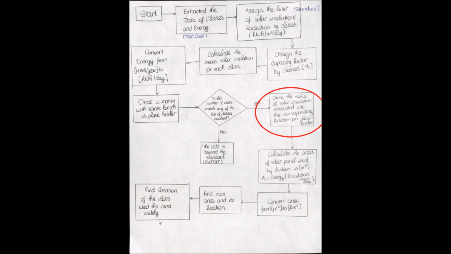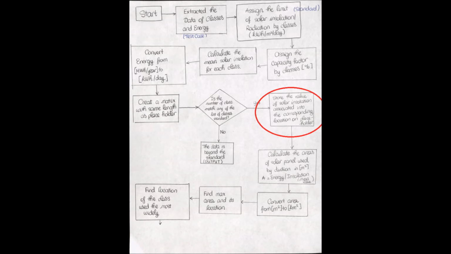The next step is pretty simple. All we have to do is store the value of the solar insolation associated with the location. The solar insolation values are the ones we got in the beginning, when we equated them to the capacity factor and the class. All we're doing now is adding this column of solar insolation to the matrix that we had before.